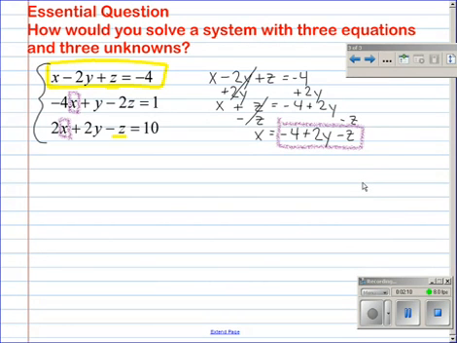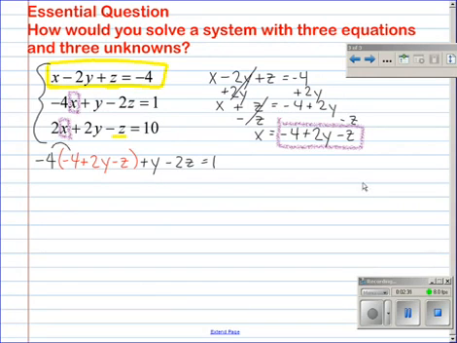So for that second equation, that would be -4 times (-4 plus 2y minus z), and then plus y minus 2z equals 1. And then you would need to simplify that.